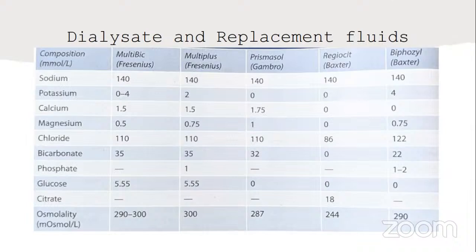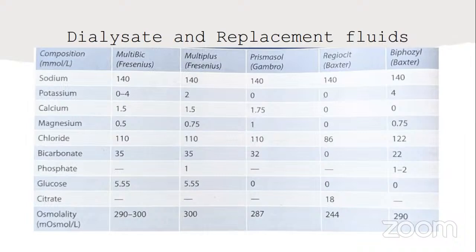If you are using this Regiocit in the PPP pump, one has to consider using Biphozyl as the dialysate as well as the replacement fluid, because the mechanism of action of citrate is that it binds with the calcium and causes regional citrate anticoagulation because of the deficiency of the calcium. So there won't be any coagulation or clots happening in the circuits.